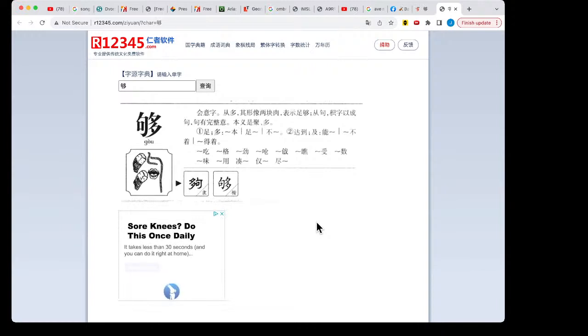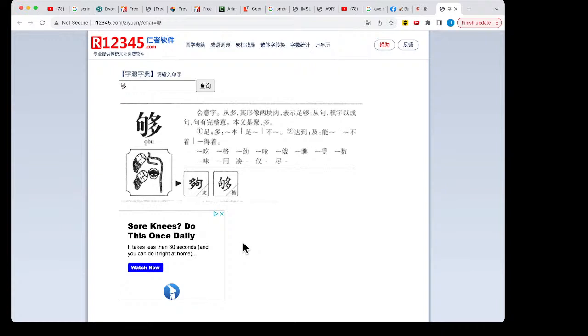Take a look at this character. On the left hand side is two pieces of meat, and on the right hand side is 句, and 句 means a sentence.